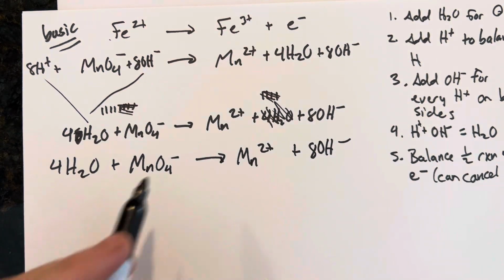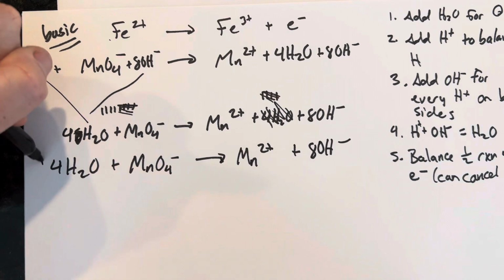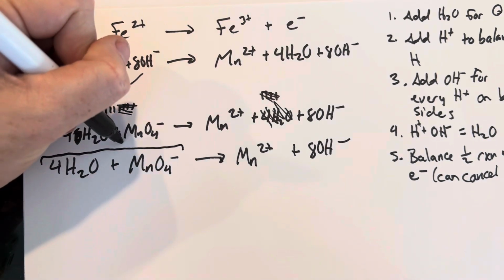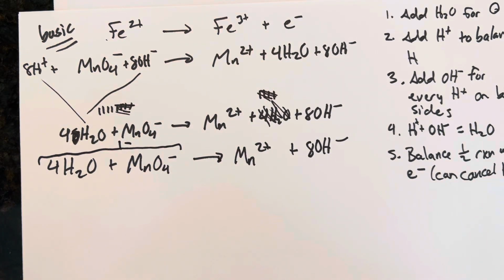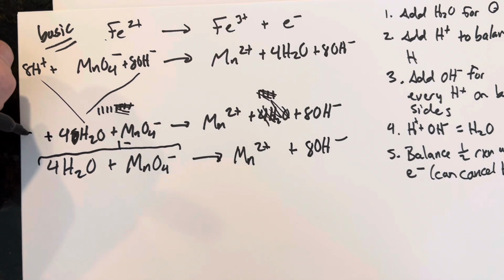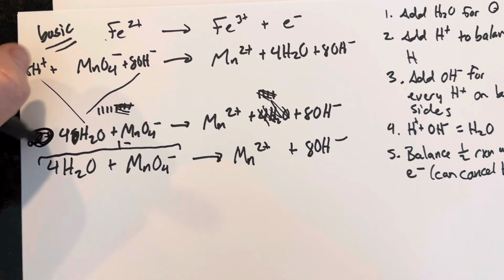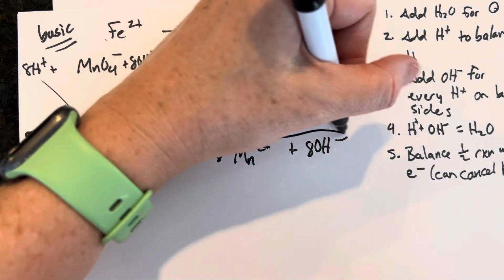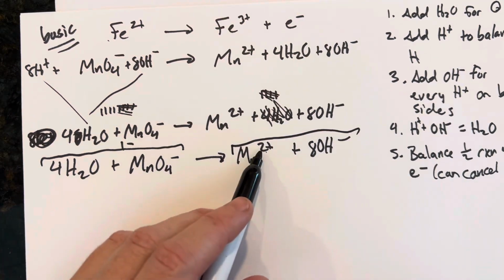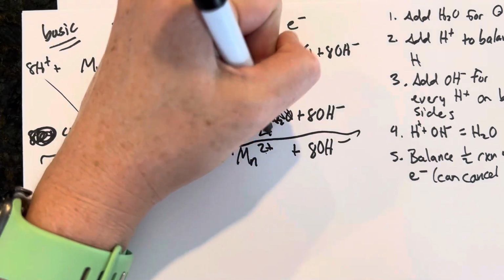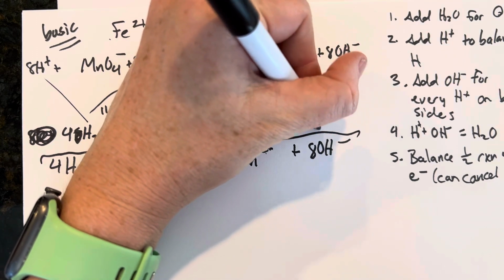All right, so now we're going to add electrons. So over here, I have a total charge of -1. Total charge of -1. And over here, I have a total charge of 2 plus -8 for a total of -6.